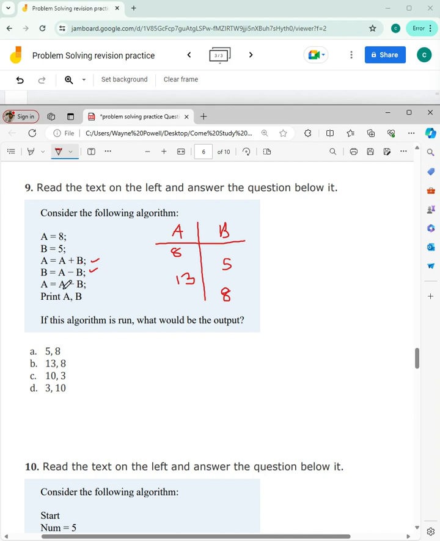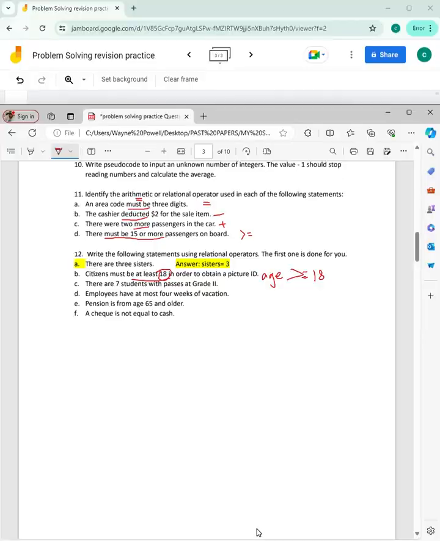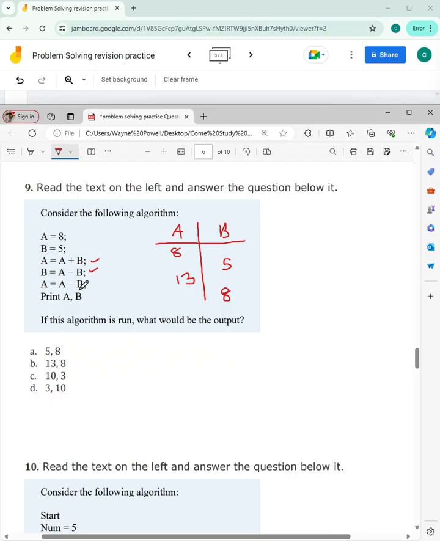A is now A minus B. Let's continue. So at this step, A is going to be 13 minus 8, and that is going to be 5.